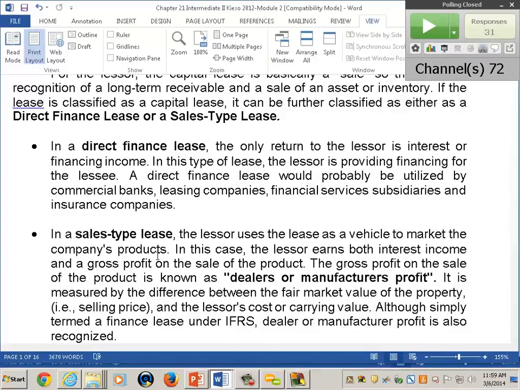You have either a direct finance or a sales type lease. Now, a direct finance lease is going to be very common when the lease originates with a financial service entity. Banks, insurance companies, investment banks.